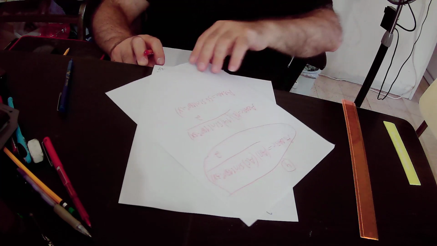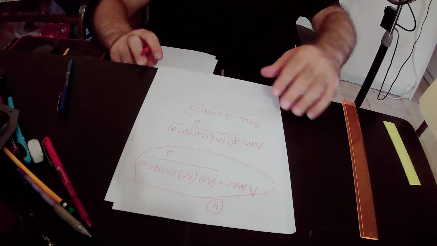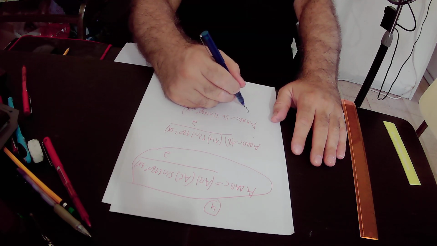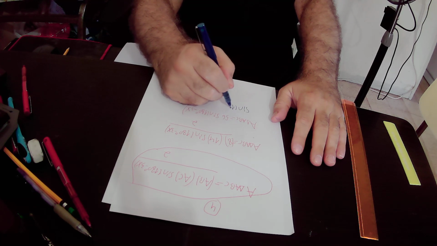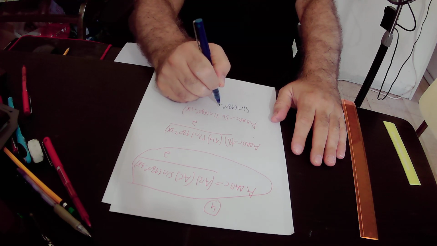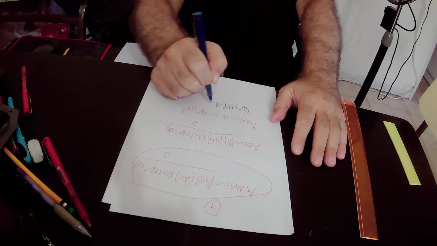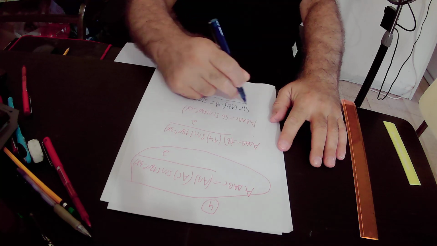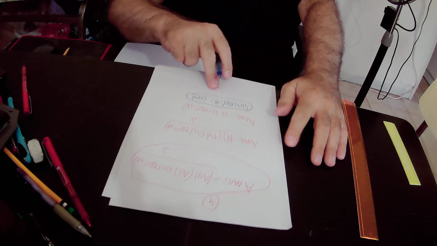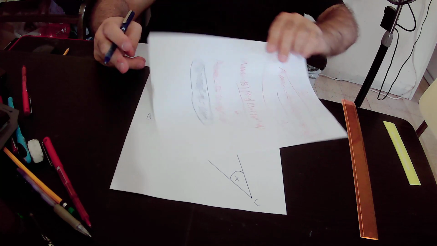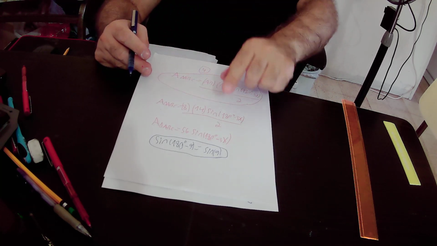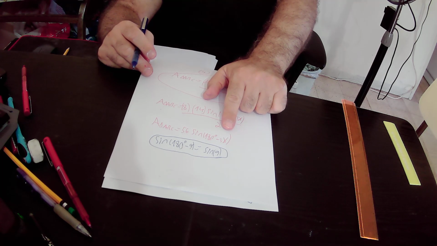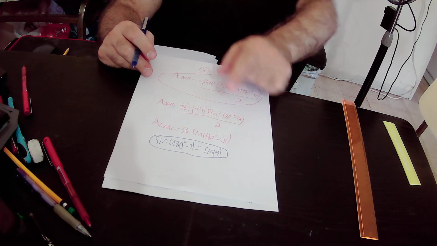Here we have a trigonometric identity that states that sine of 180 degrees minus alpha equals sine alpha. So according to this trigonometric identity, we can write down that sine of 180 degrees minus 3x equals sine 3x.